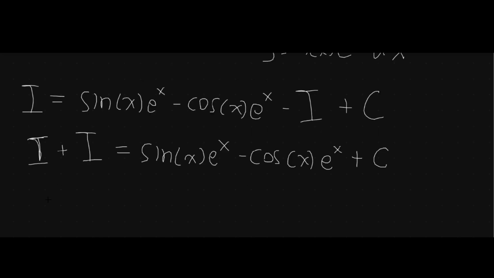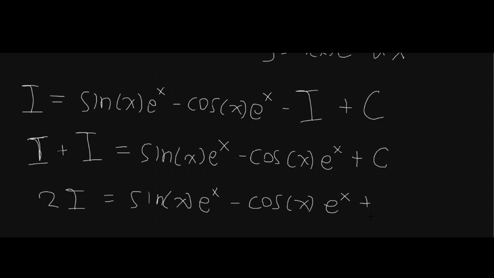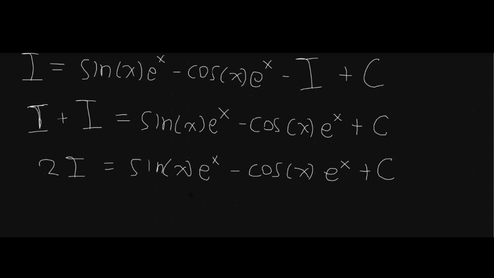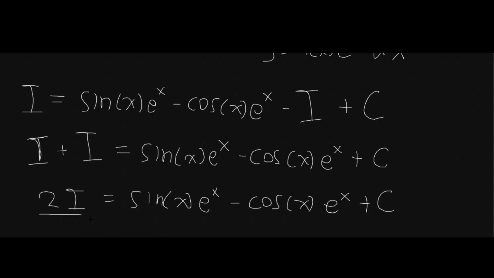I plus I is equal to 2I, sine of x e to the x minus cosine of x e to the x plus the constant of integration. The next step is to divide everywhere by 2, so we can get rid of the 2 on the left hand side. Now we could divide the constant of integration by 2 as well, but that's just another constant, so we can just leave it as c.